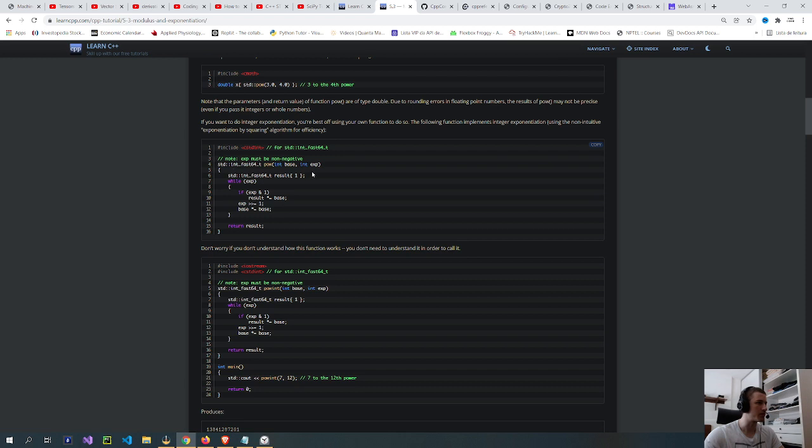So std::int_fast64_t pow, int base, int exponent. std::int_fast64_t result 1, while exponent, if exponent and 1, result times equals base. Exponent greater than or equal to... I'm not sure if this is greater than.